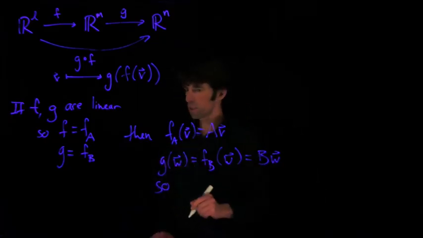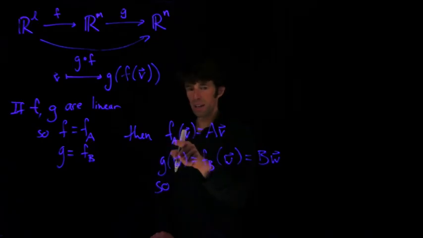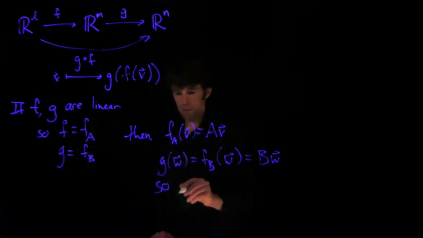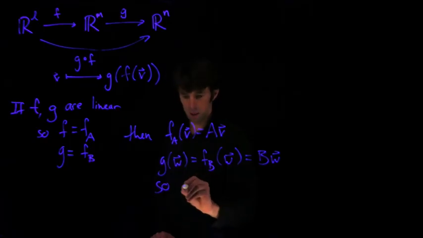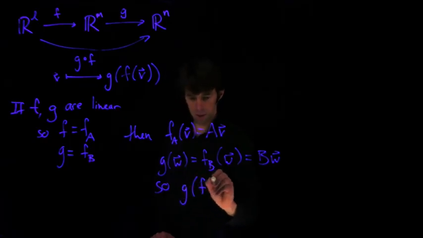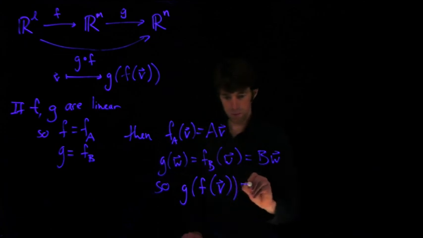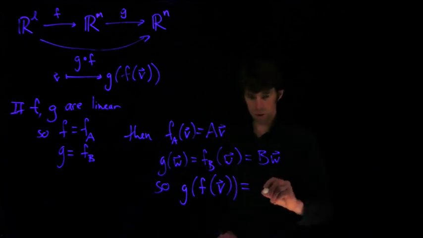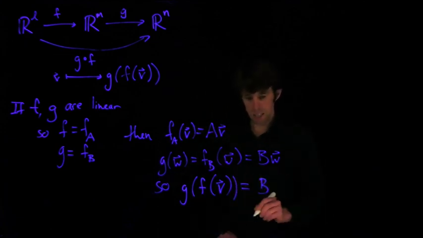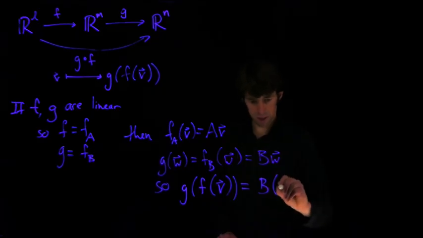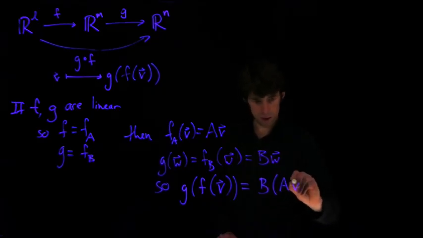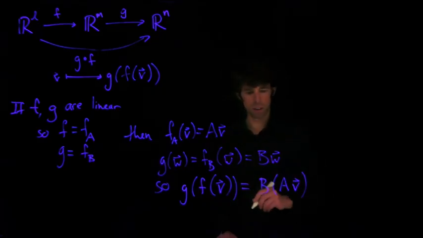So when we compose these two, where we do first the A matrix and then the B matrix, or first the f function and then the g function, so this is g of f of some input vector v, this is equal to the B matrix times the A matrix times my input vector v.